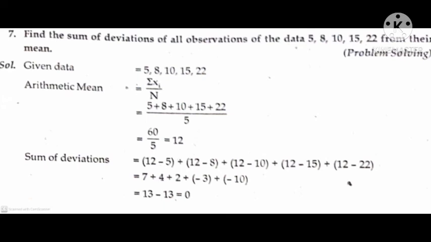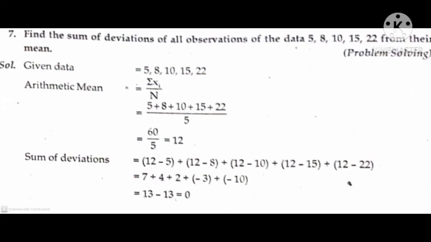Now 12 is subtracted from each observation. Then we add to get the sum of the deviations, that is 12 minus 5 plus 12 minus 8 plus 12 minus 10 plus 12 minus 15 plus 12 minus 22.